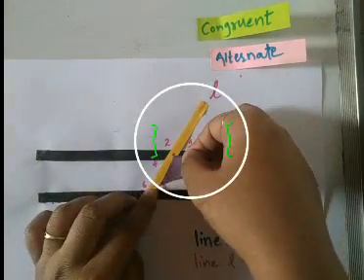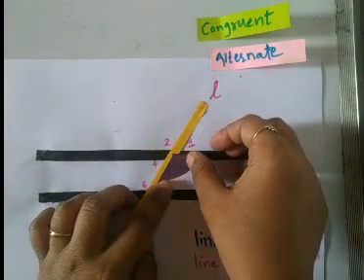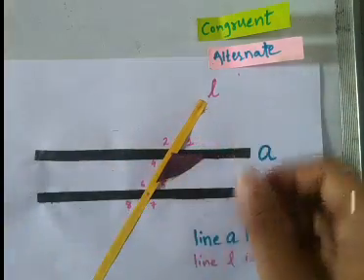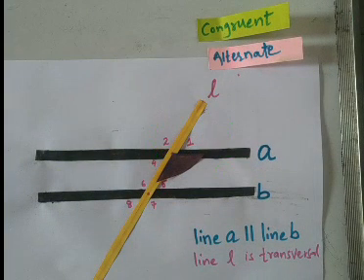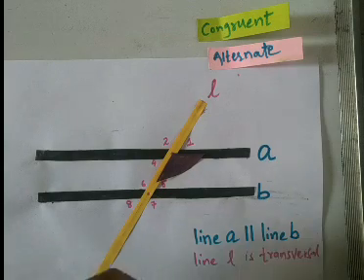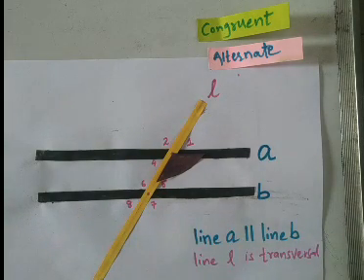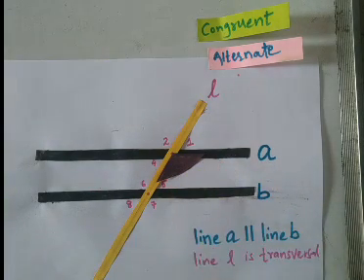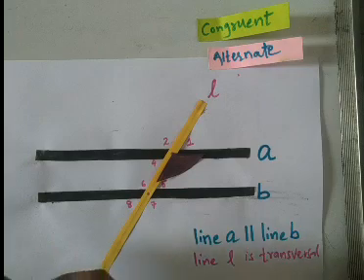Suppose I am taking angle number 3. Because 3 is on the right hand side of the transversal, its alternate would be on the left side of the transversal. Okay, so if this angle is forming on line A, its alternate would be forming on line B. So which angle is that?